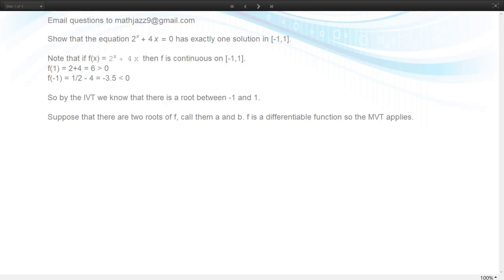Now we note that the mean value theorem implies that there is a c between a and b such that f prime of c is equal to f of b minus f of a divided by b minus a.